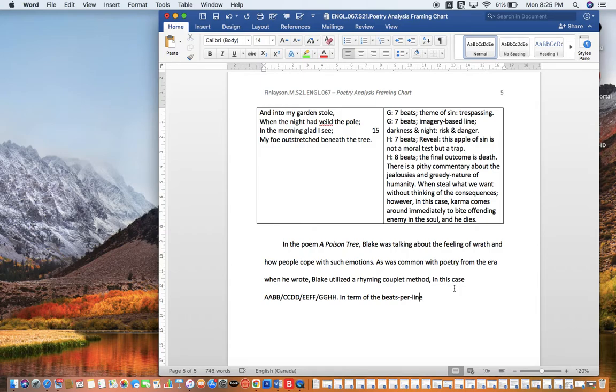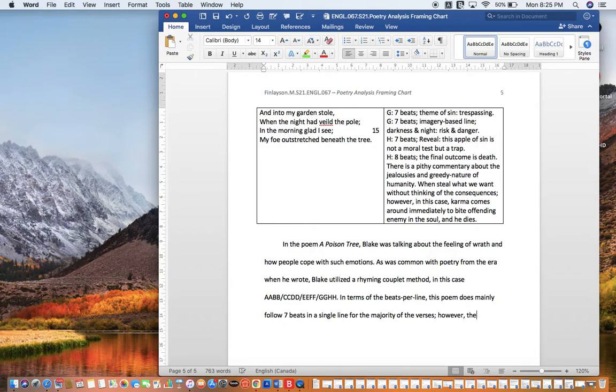So let me just make our little editing move here as we go. In terms of beats per line, this poem does mainly follow 7 beats in a single line for the majority of the verses. Verse is just a synonym.